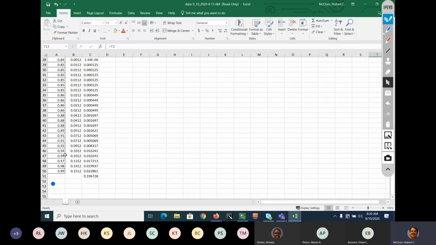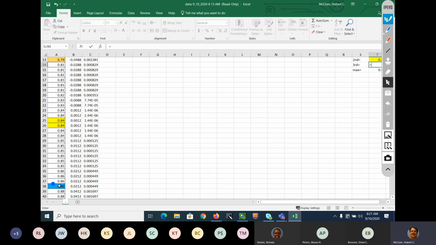So 13, 1, 2, 3, 4, 5, 6, 7, 8, 9, 10, 11, 12, boop, 13. And we'll color that with some kind of blue color. And that's equal to the third quartile, or the 75th percentile.